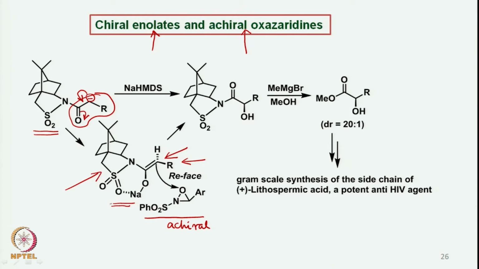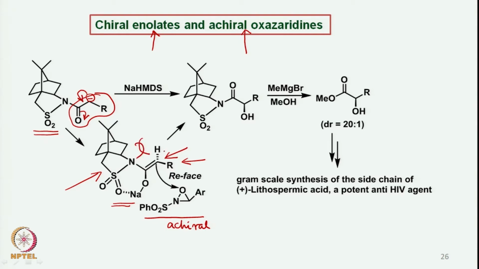So this is a favored possibility of an enolate where the large group is coming towards us because the backside is having steric hindrance of this type.